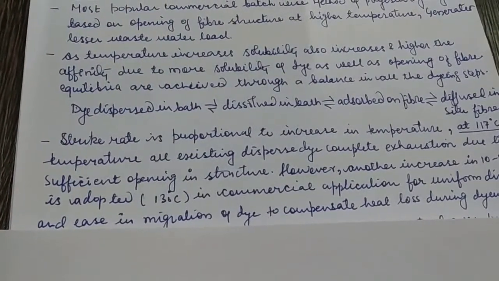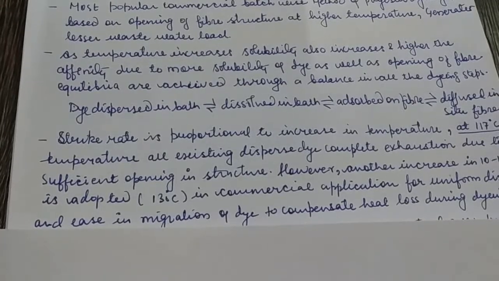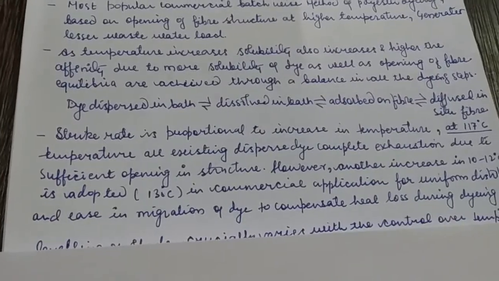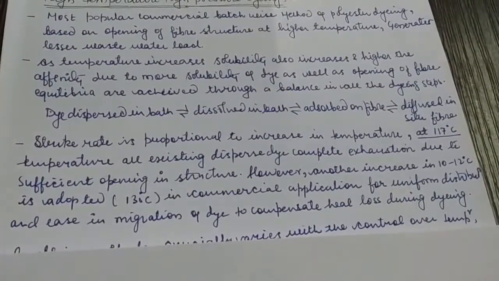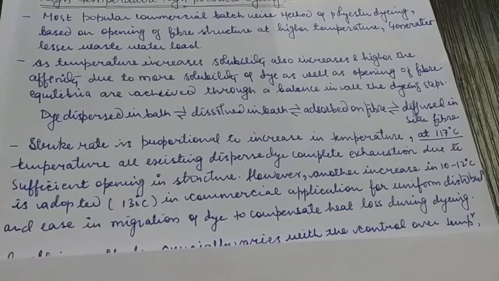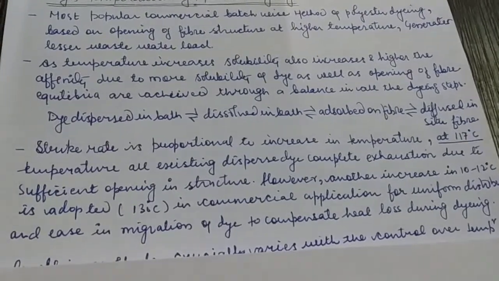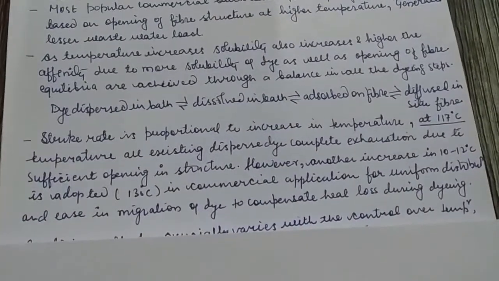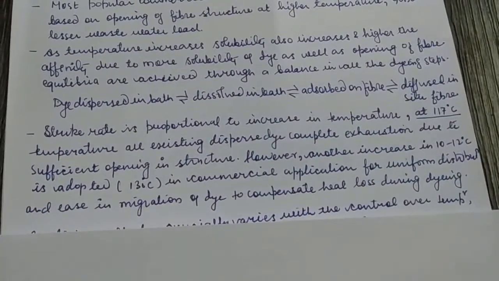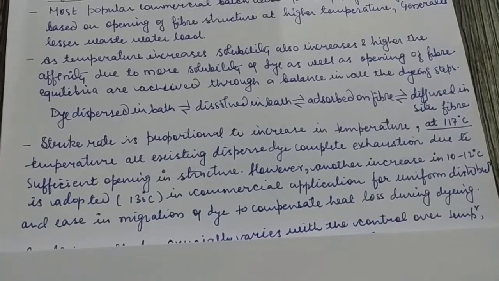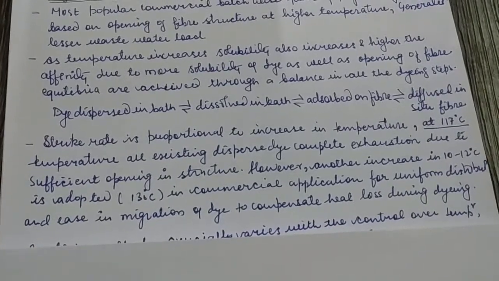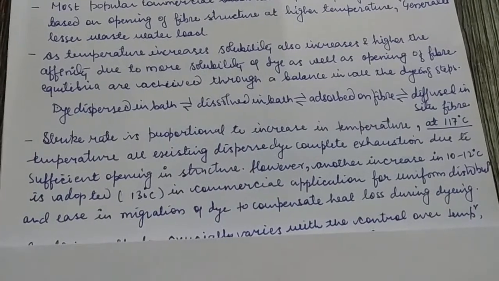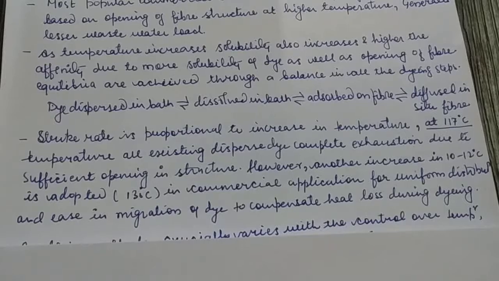But technically 117 degree centigrade is sufficient for a level set, but for commercial purposes we take another increase in temperature, about 10 to 12 degrees. That's why we say dyeing of polyester fabric with the high temperature high pressure method is carried out at 130 degree centigrade, because at 117 degree centigrade, technically, sufficient opening has happened, so dye will penetrate easily.